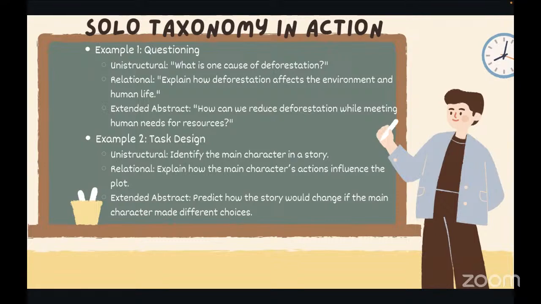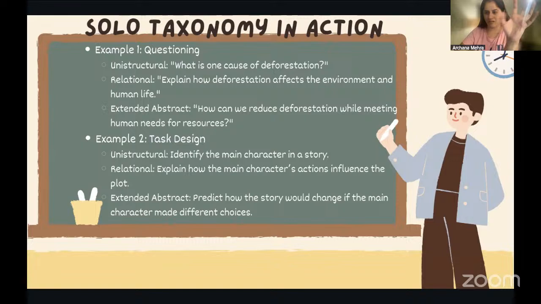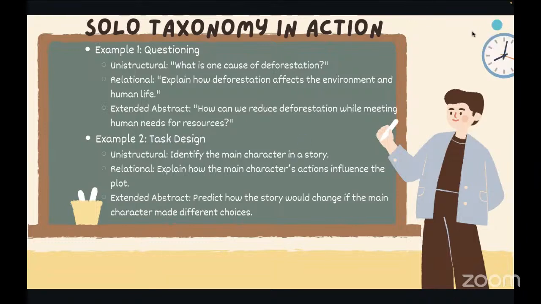If you go to see, we have only 5 levels in SOLO taxonomy, whereas when you look at Bloom's taxonomy, we have 6 levels in it, right? They are not synonyms for each other. The purpose of both is different.